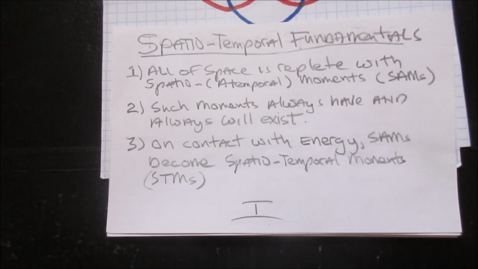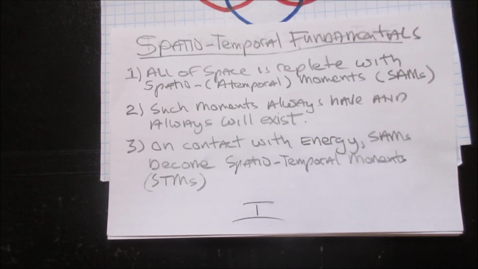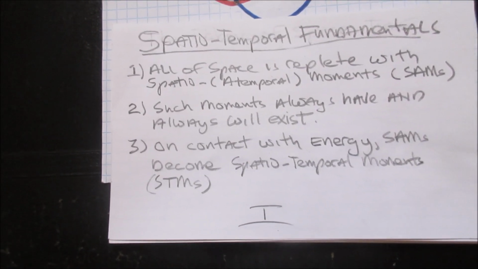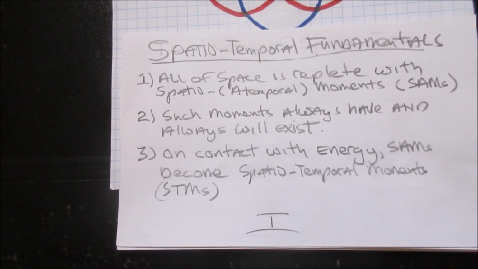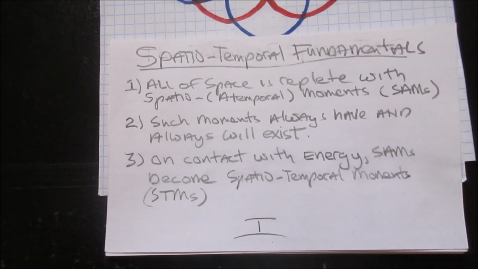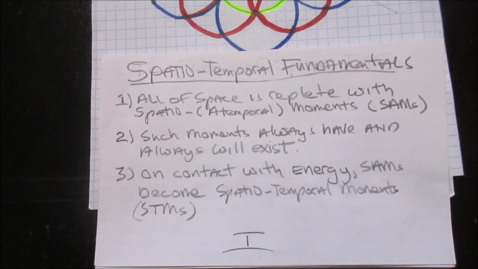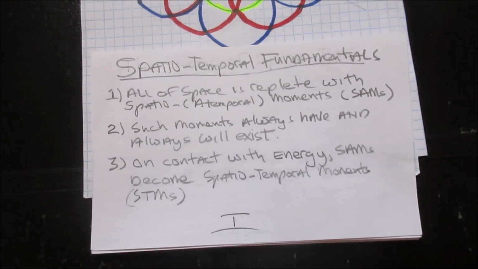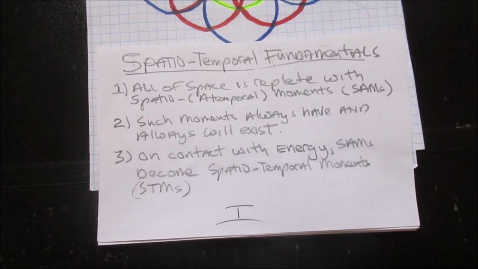So there's no time. They just exist without change all throughout space, and it's not until they are energized that that event, which we call time, occurs. So they exist in 3 dimensions.